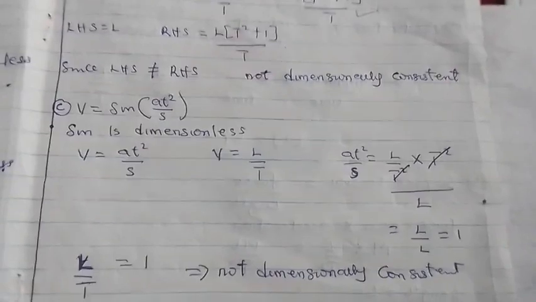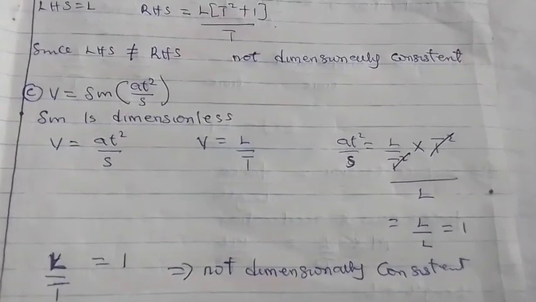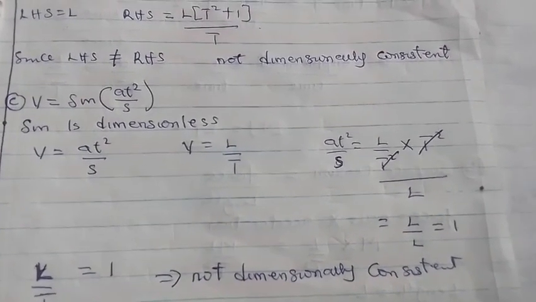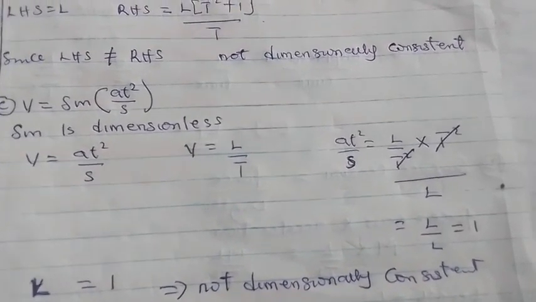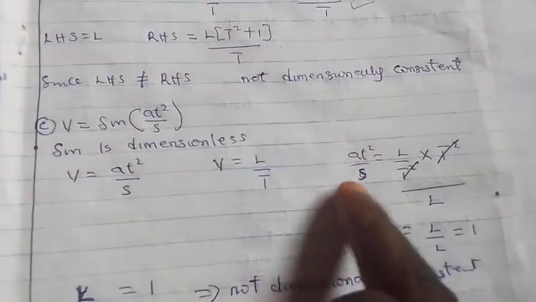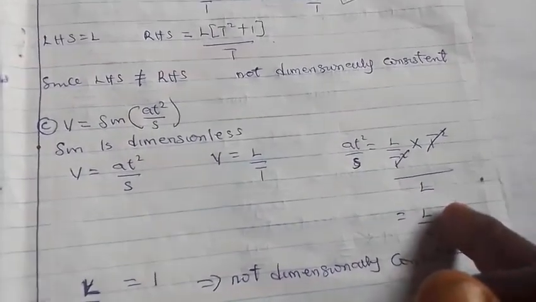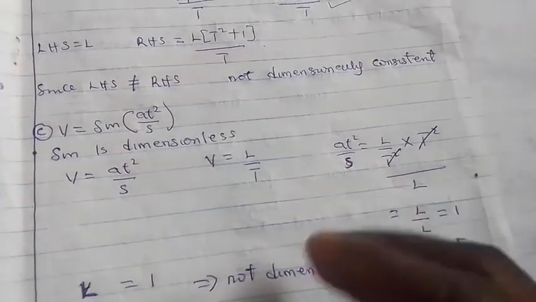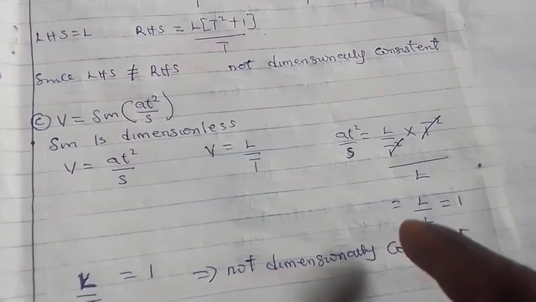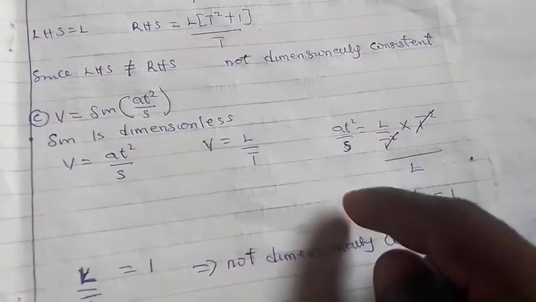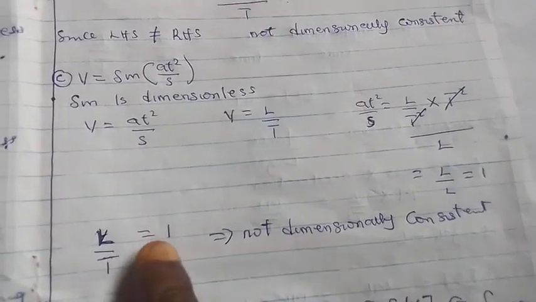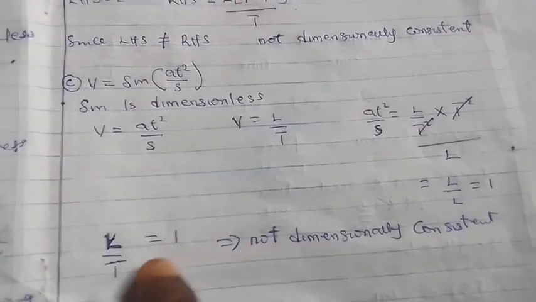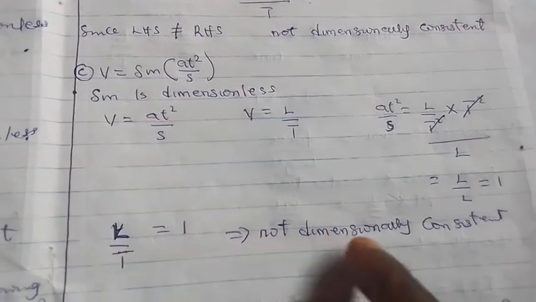At square, a is L over T square, T square is capital T square, divided by S, which is L. So the right hand side becomes L, when this cancels out, over L, which is 1. So the left hand side is L over T, the right hand side is 1, and they are not the same. So not dimensionally consistent.